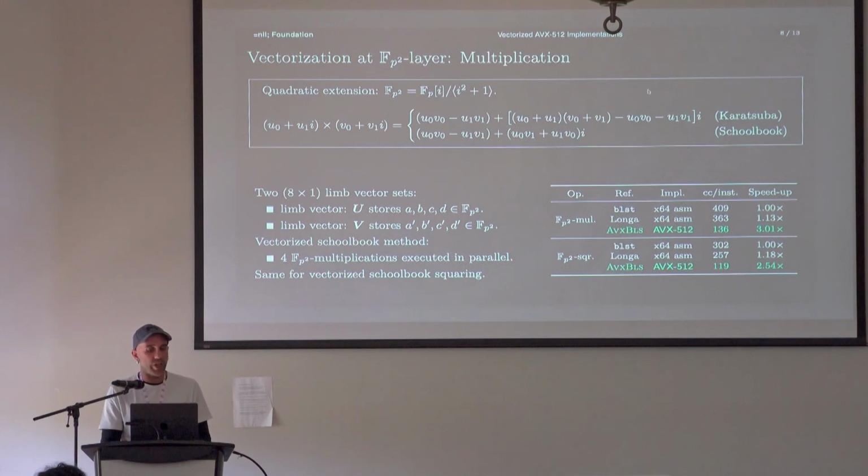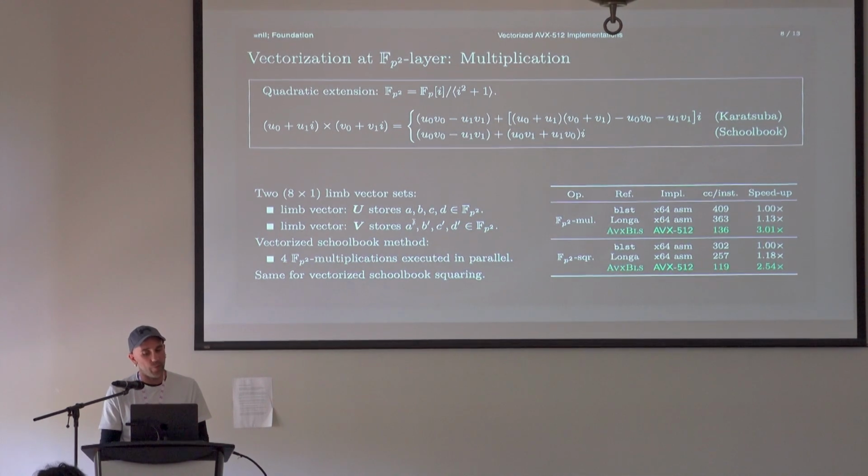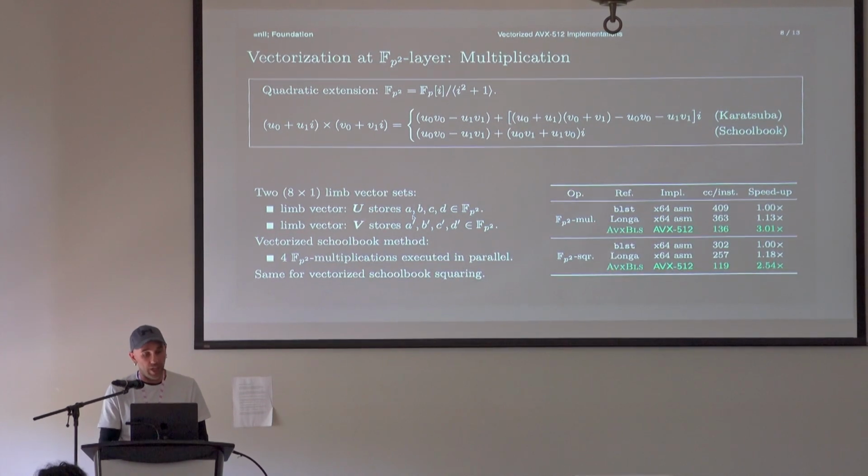And for that, we need 2 8 times 1 limb vector sets, where each limb vector set contains 4 fp squared elements, and each element in fp squared has 2 fp components. So basically, each limb vector set represents 8 integers in fp.